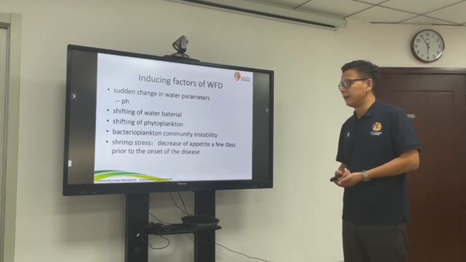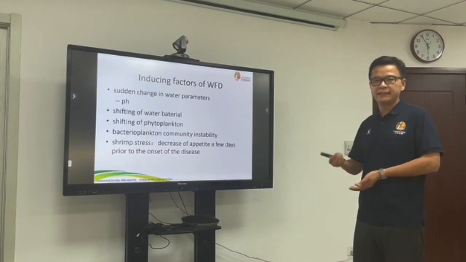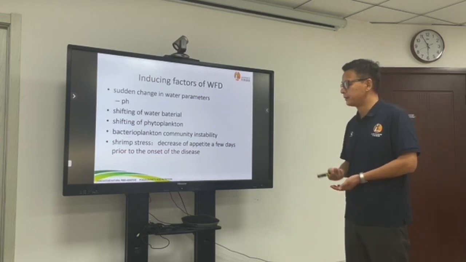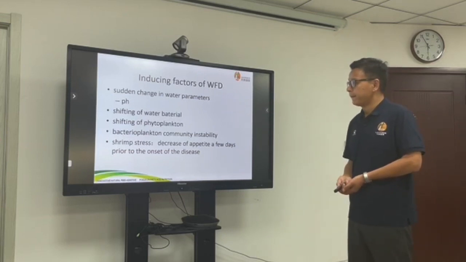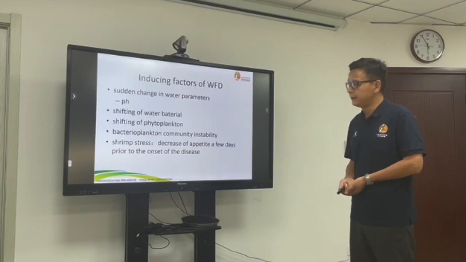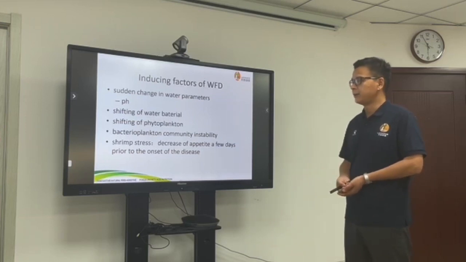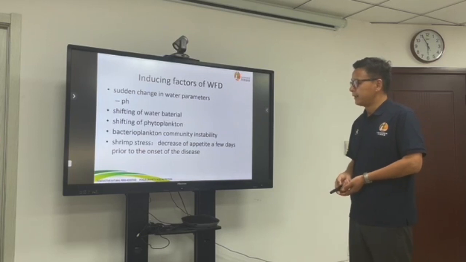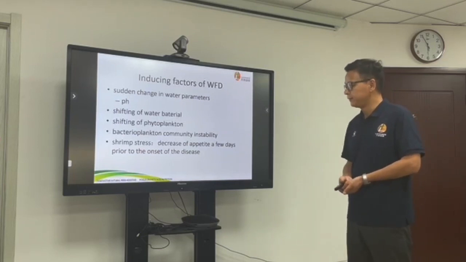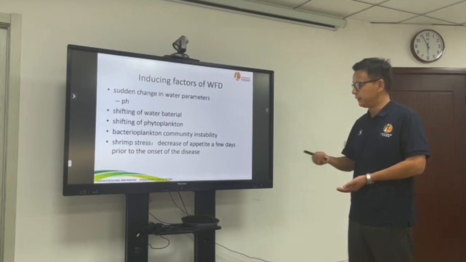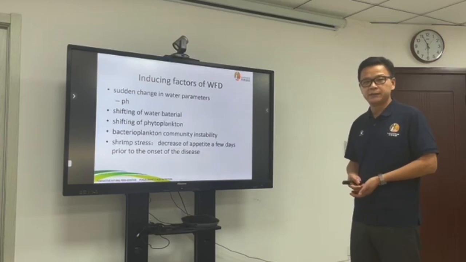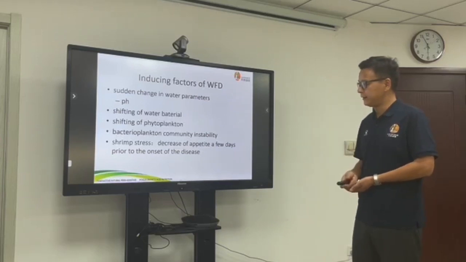Normally we like Bacillus and EM in the water body, but of course a lot of harmful bacteria are also in the water body. And for the phytoplankton, we like the green algae, we like diatoms, but of course some blue algae are also in the water body. And there is also a balance between the bacteria and the phytoplankton. If we lose the balance, some water parameters may change a lot in a day.